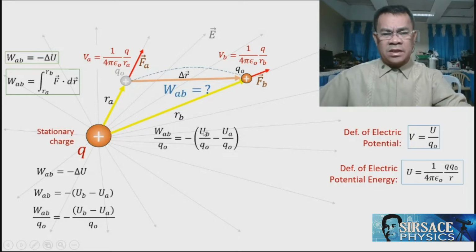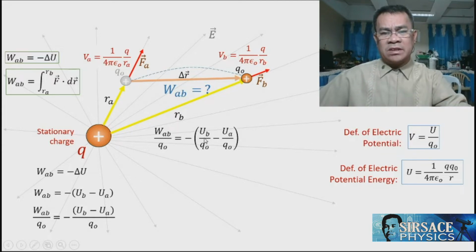Since this is U_B, U_B over q naught is the electric potential at the final point. While this one is the electric potential at the initial point.